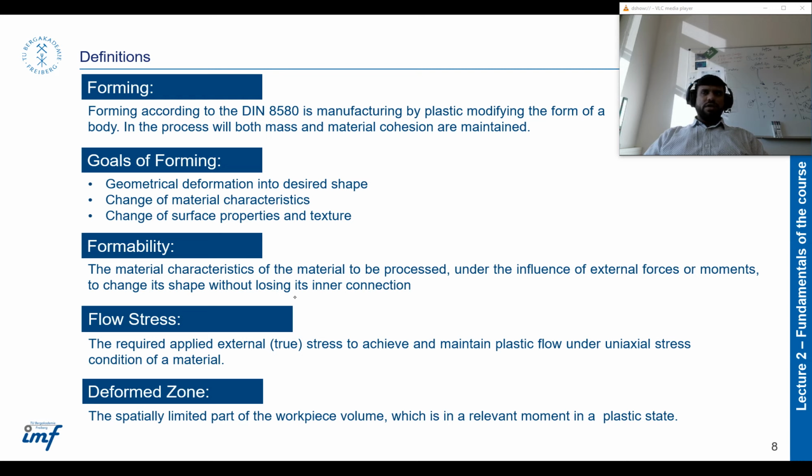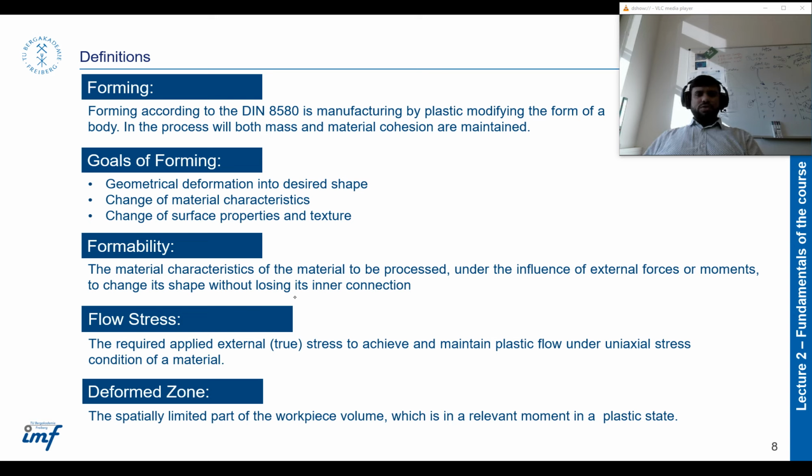So when we talk about cutting or the permanent shearing methods, they do not fall into the category of forming. They have a different category of shearing in the material in the hierarchy. So in the process of forming, mass and material cohesion are maintained. Just remember that.